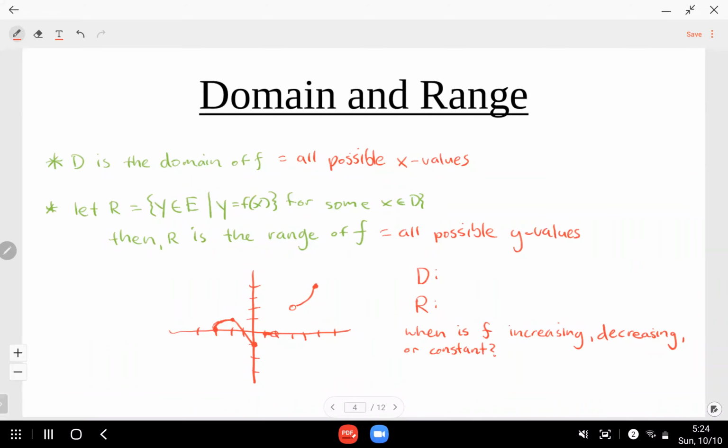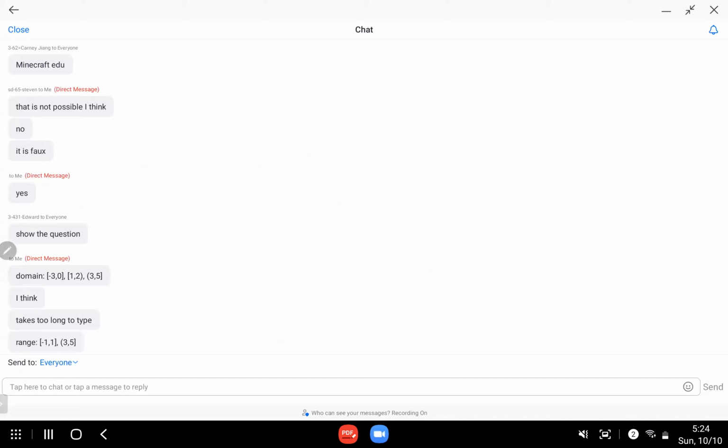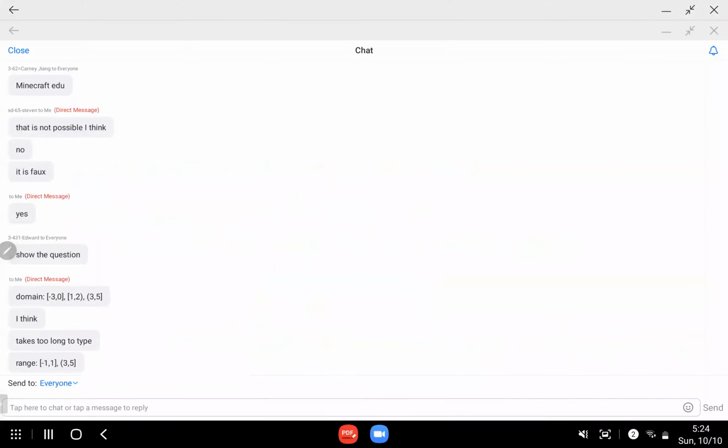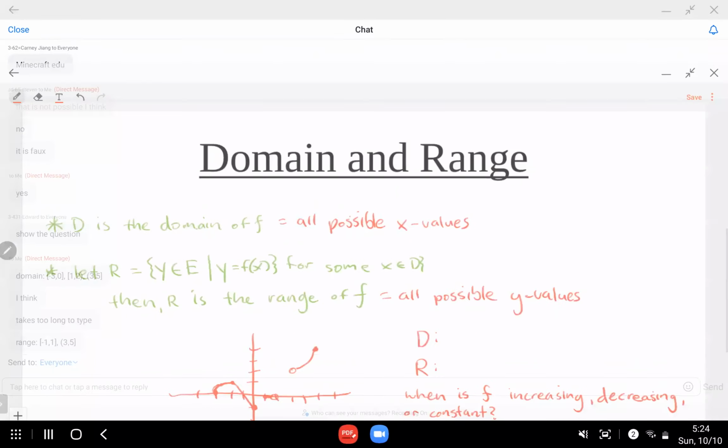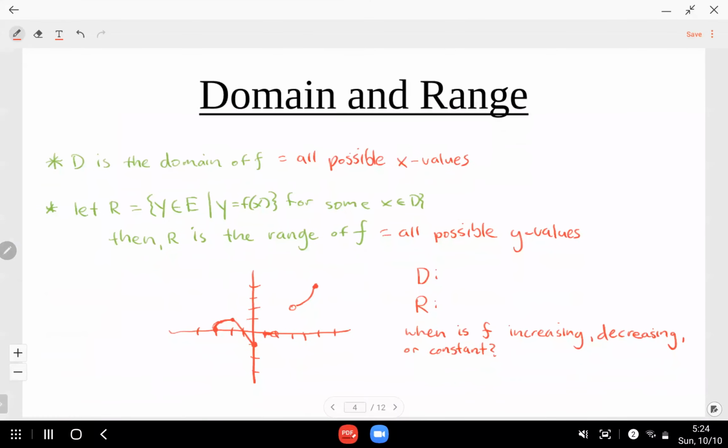Are you sure it's 3 to 5? Pretty sure the range is 2 to 4, but it's fine, as long as you get the main idea. But I would like to raise a question that might change your answer. You see this interval here?